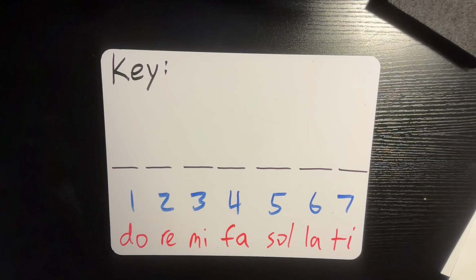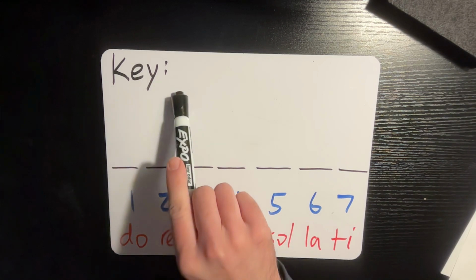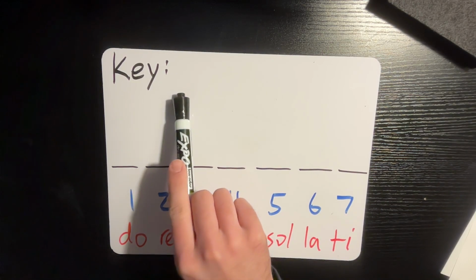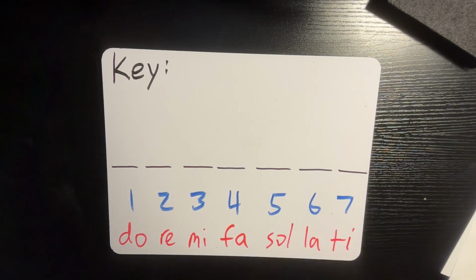So as you can see, I've got a place where we're going to write our key signature here. I've got spaces where we're going to write the 7 notes. Those 7 notes are numbered as scale degrees. There are 7 scale degrees because there are 7 notes. And I've also got the solfege for each of those scale degrees written below.